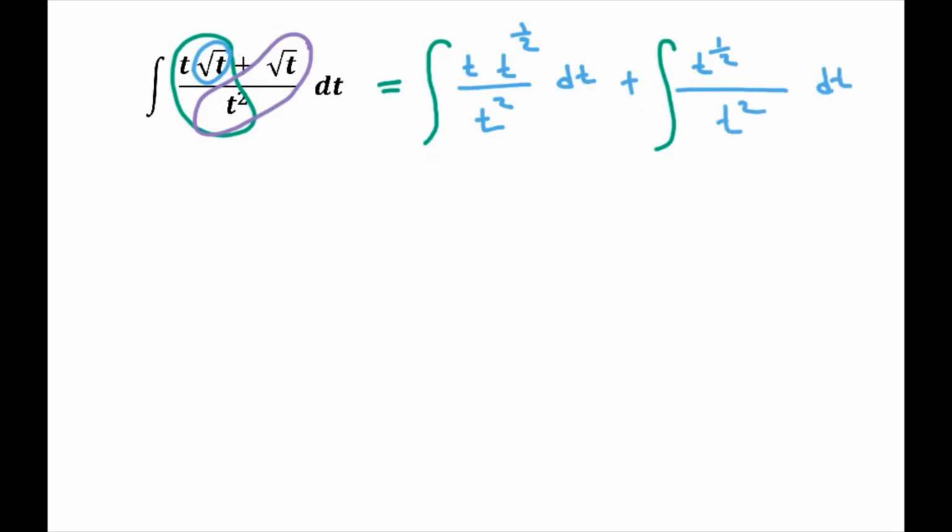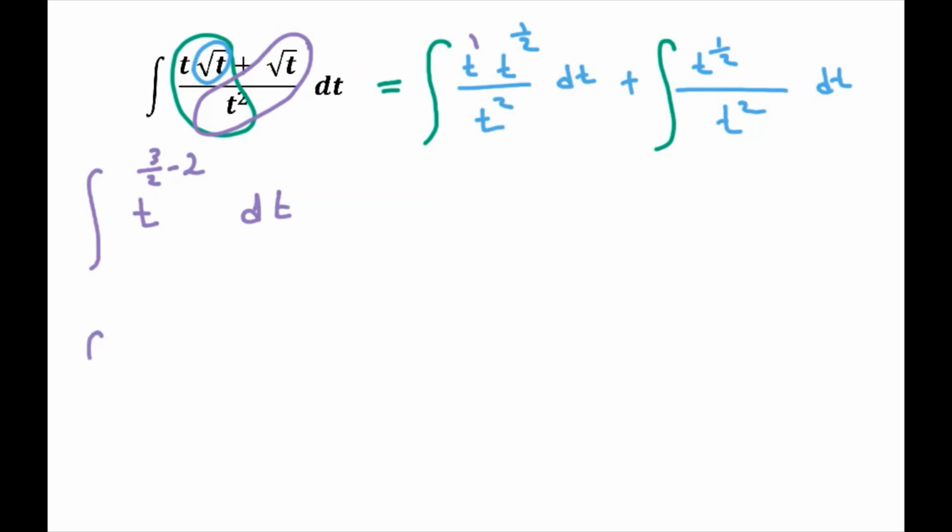I could simplify more before I start integrating. This is 1 plus 1/2 will be 3 over 2. That would be t to the power of 3 over 2 minus 2, right? Because you need to simplify.